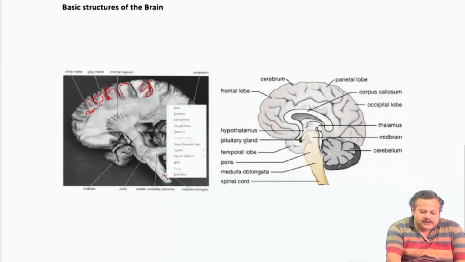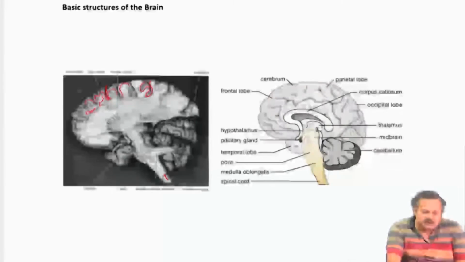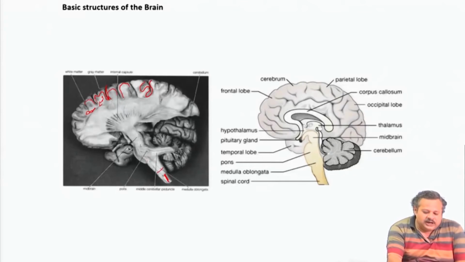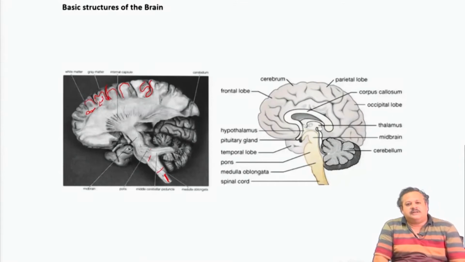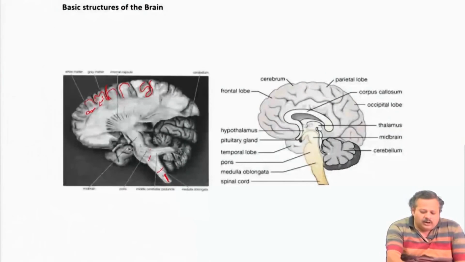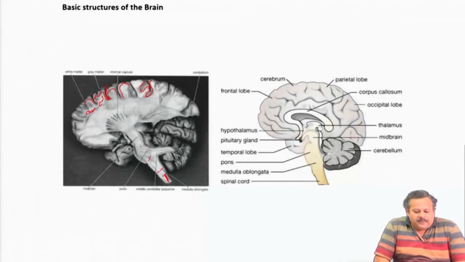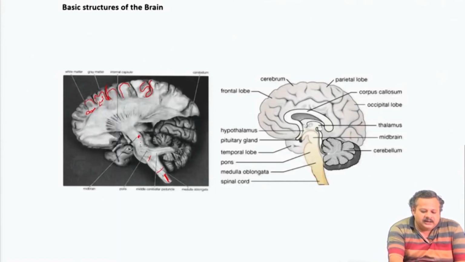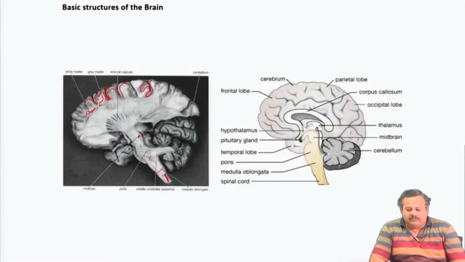if this is where the spinal cord has started, and in this region is where the brainstem is, which is the lowest region in the hierarchy, starting from the periphery. And beyond the brainstem there are the pons and the medulla, and beyond that is the midbrain, and then beyond that is the thalamus.